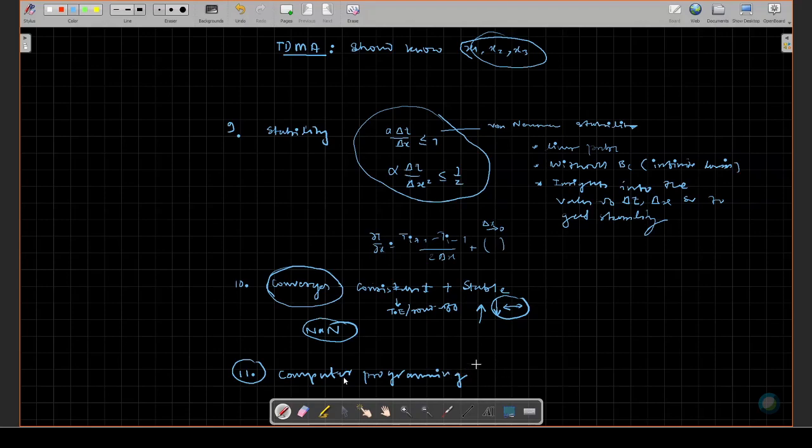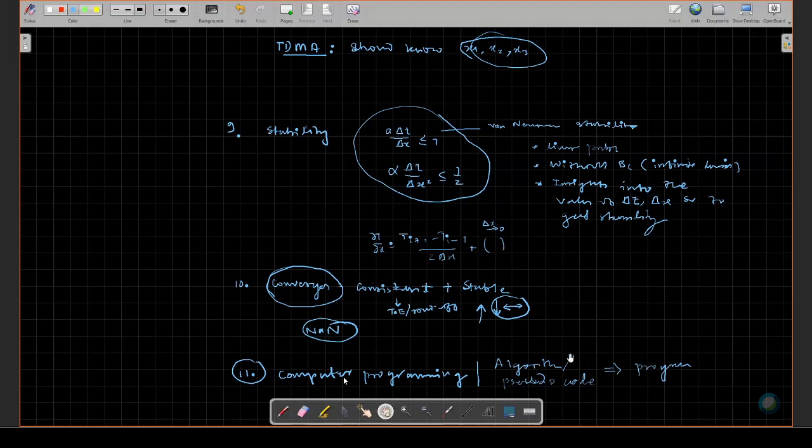But I have just shown you how to convert any algorithm or pseudocode into a program.